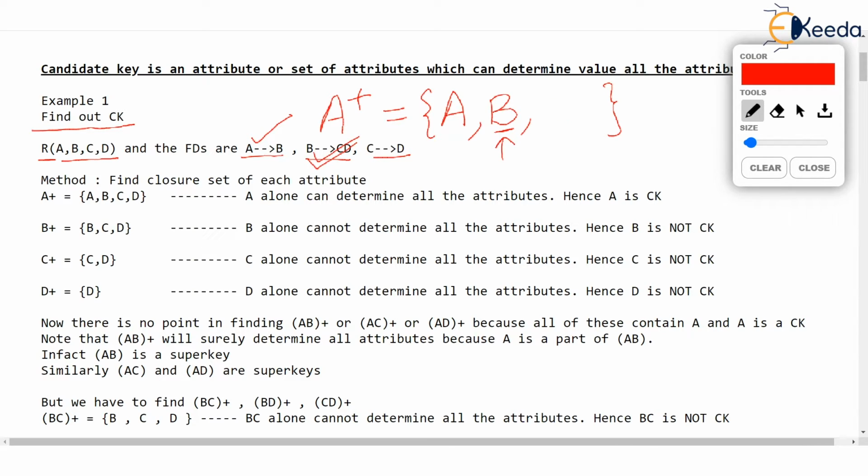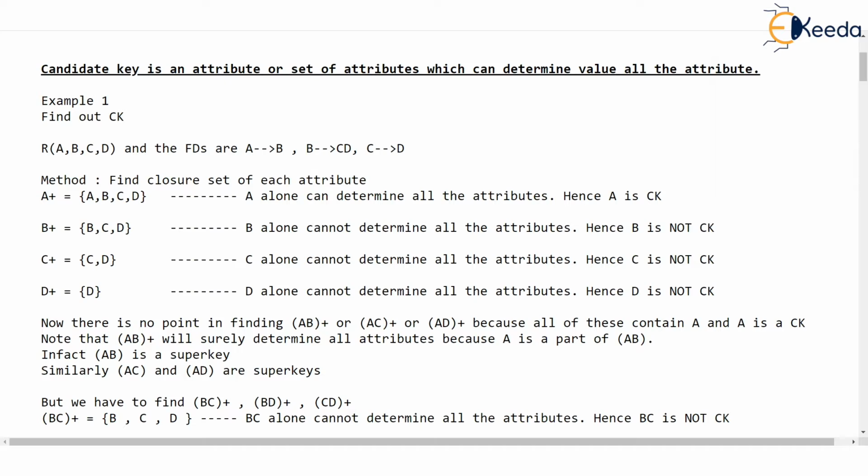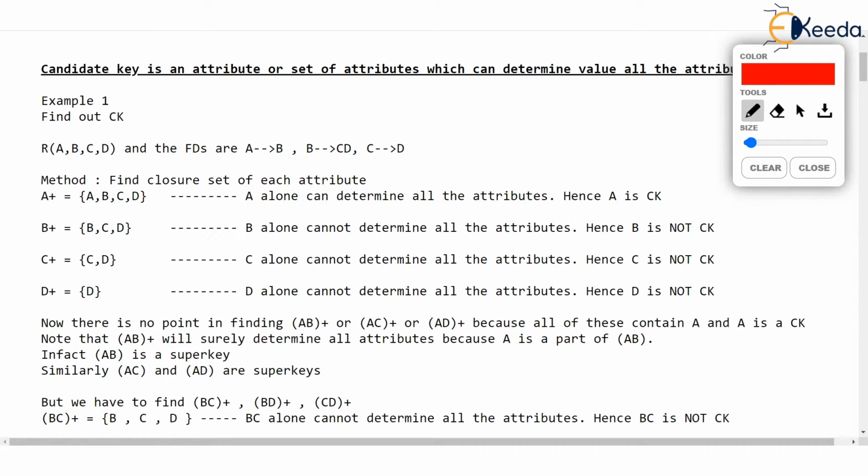That's it. We had only 4 attributes, and all 4 attributes are there in the closure set of A. That means A alone can determine all the attributes. Then A is surely the candidate key. So we found the answer. Although I have not shown the working here, because I thought you know the closure set, I have already written A plus is ABCD.